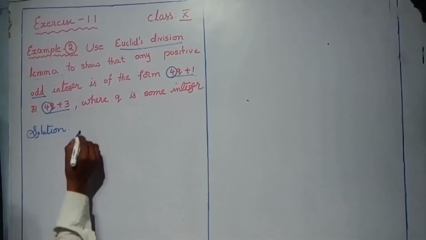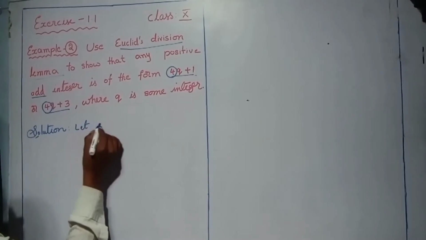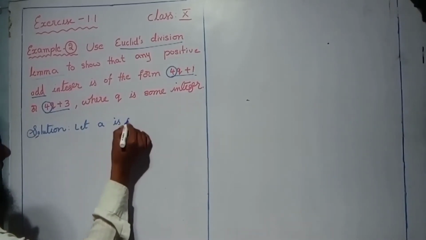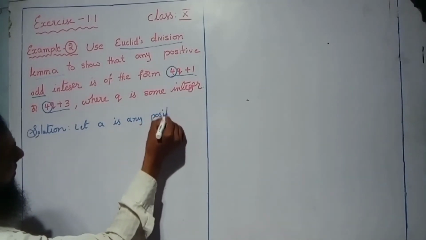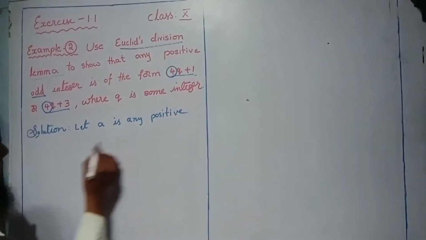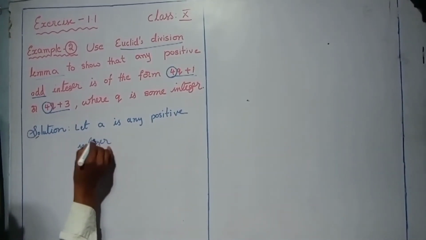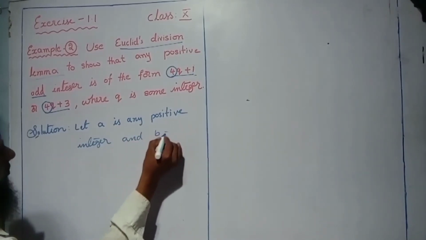So let a be any positive integer and b is equal to 4.